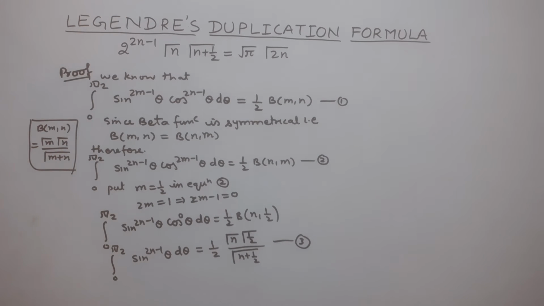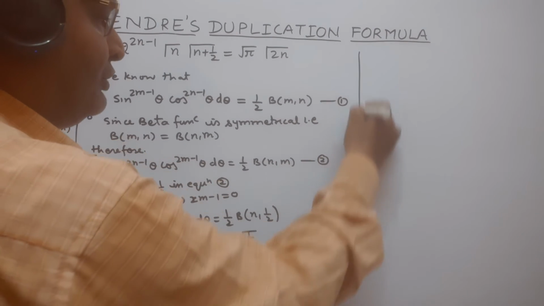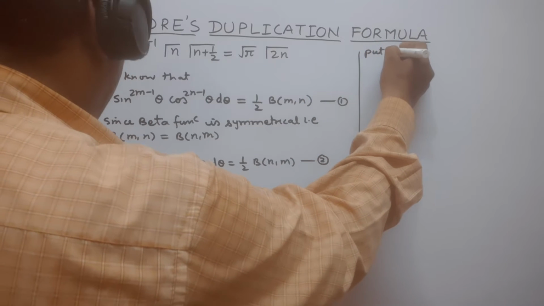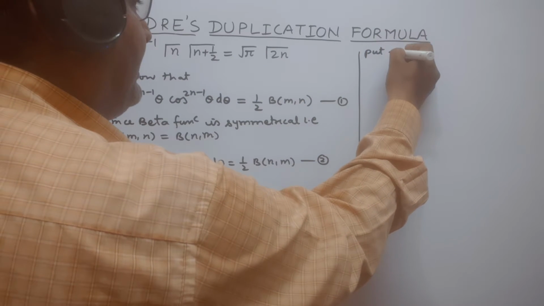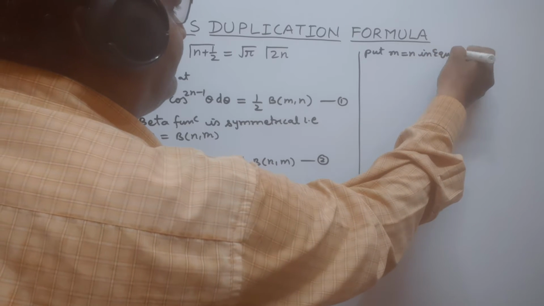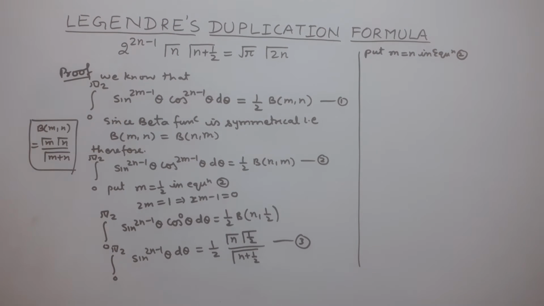Now we again take equation second. So we put here m is equal to n in equation second. आप देख सकते हैं जो इक्वेशन सेकेंड है इसमें बोथ साइड में m और n दोनों को इक्वल पुट करेंगे, यानी n के प्लेस पे m या m के प्लेस पे n सब्स्टिट्यूट कर सकते हैं.